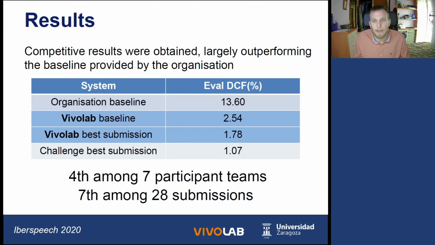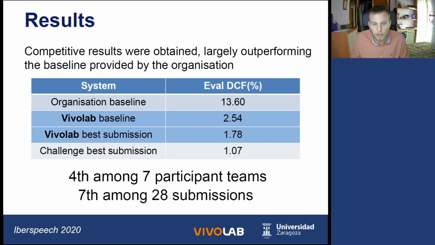Okay, finally, this table summarizes our best submissions for the challenge. As you can see here on the eval subset, competitive results were obtained with a large outperformance of the baseline provided by the organization.